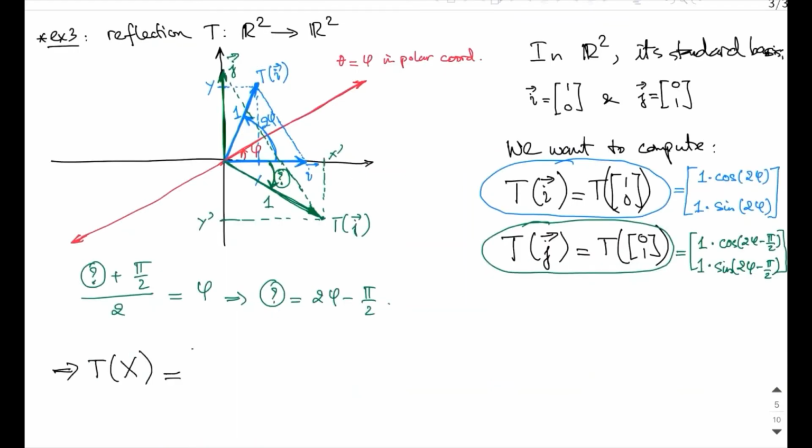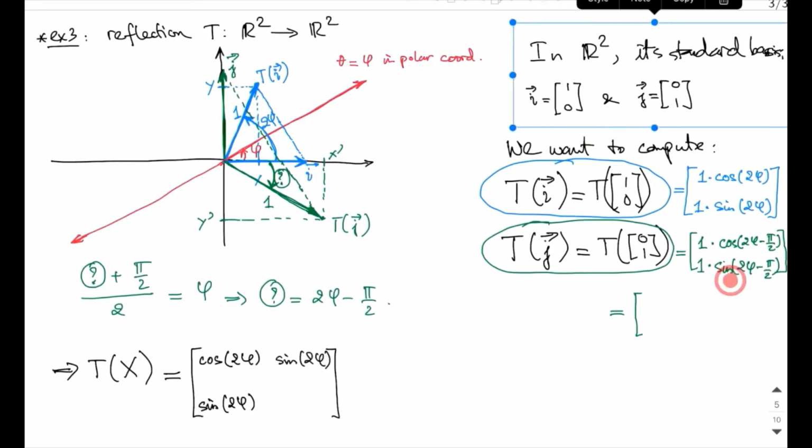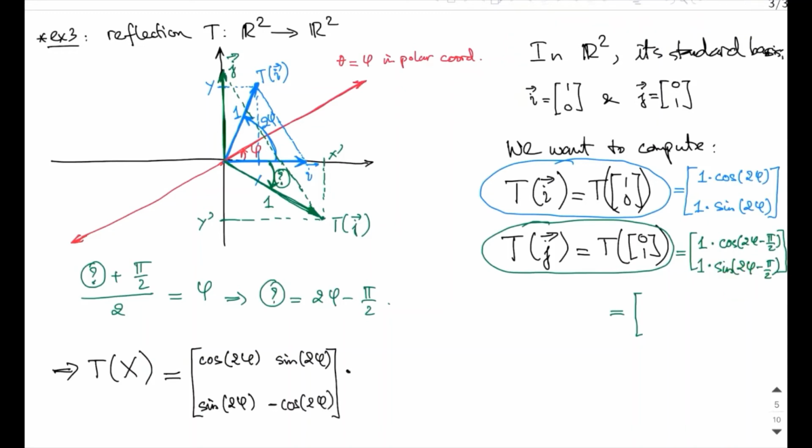So for the matrix that represents T, the first column is cosine of 2 phi, sine of 2 phi. The second column will be cosine of this and sine of this. If you compute that, it gives you sine of 2 phi and negative cosine of 2 phi. That's the matrix that represents T.